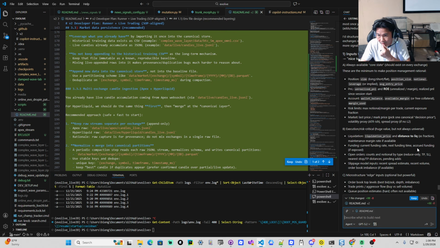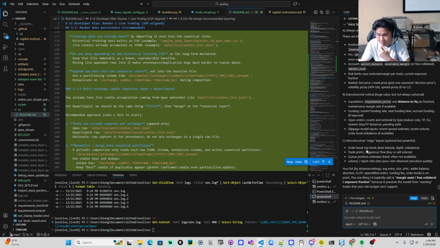Level 2, execution risk: liquidation price, distance to liquidation as a fraction, funding rates, accrued funding, open orders, slippage, microstructure, order book top levels, bid ask, imbalance, trades, buy and sell volume, queue position, latency, rejects. Okay.